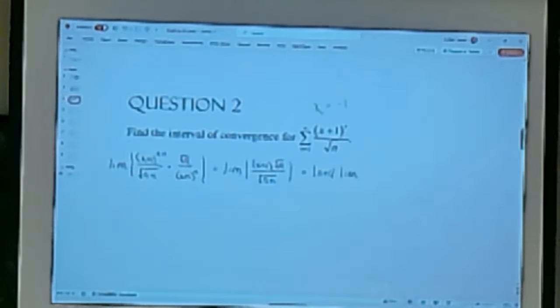Root n over root n plus 1 will always be positive, so we don't need the absolute values anymore. What is that limit? It's just 1.